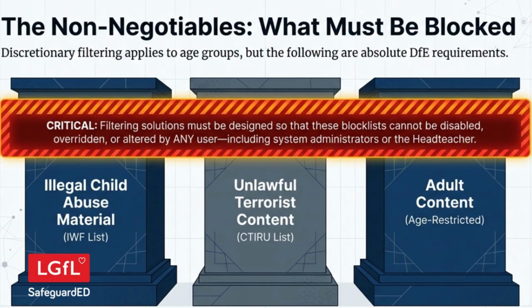The non-negotiables in terms of content are those which you can see on the screen now. So these are areas of content that must be blocked. As you can see, these three areas are illegal child abuse material, which is monitored by the IWF or the Internet Watch Foundation, unlawful terrorist content, which is through the CTIRU list, and also adult content, that which is age restricted, so perhaps pornographic content is what we most readily think about there.